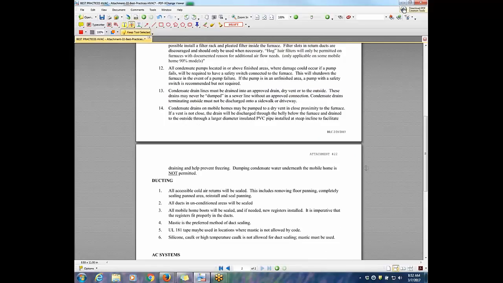13, condensate drains. This is all covered in the code in the IMC and the IFGC. I don't know. What do you guys' thought on this? Change the language, elaborate, point to the code, add, subtract, get rid of it?